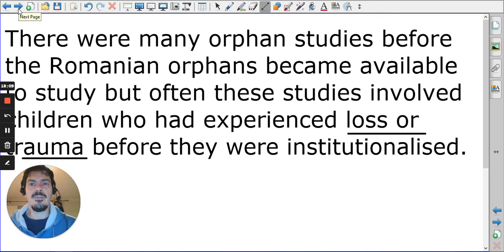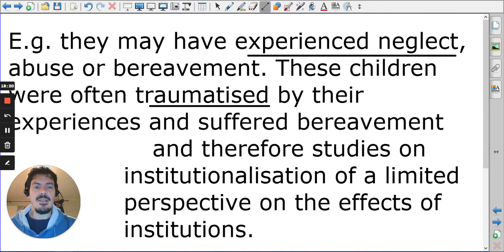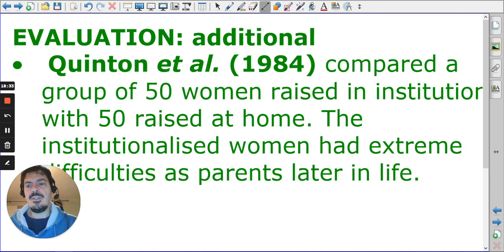So it's possible that they've experienced other forms of neglect and trauma that may actually be the reason why they are the way they are. Therefore, just saying that there's only one explanation of privation seems to be quite a limited way of explaining things. I hope that you've got a good understanding of Rutter and of the Romanian orphans, of the effects of institutionalization.